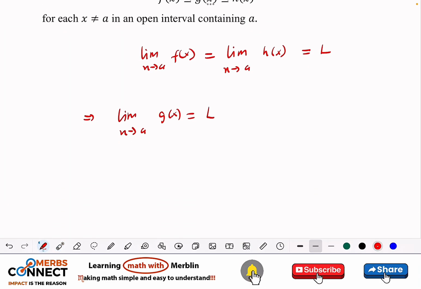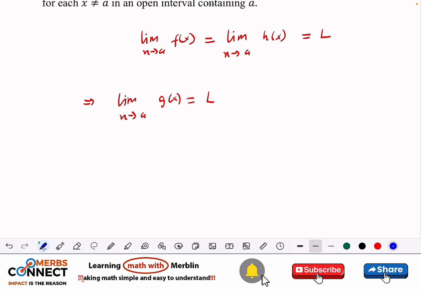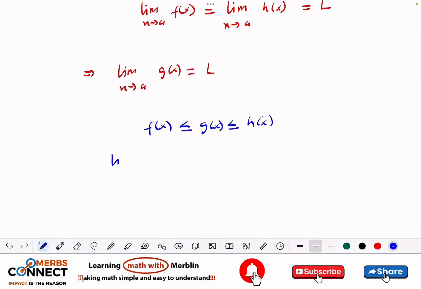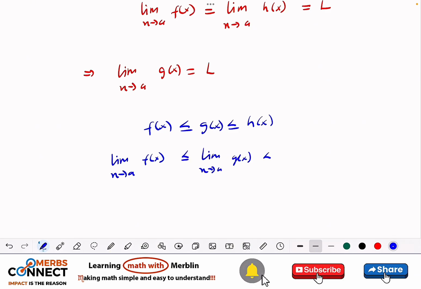Good. So if I have the function f of x less than g of x less than h of x, then this is how it works. I pick the limit as x approaches a of f of x less than or equal to the limit as x approaches a of g of x less than or equal to the limit as x approaches a of h of x.